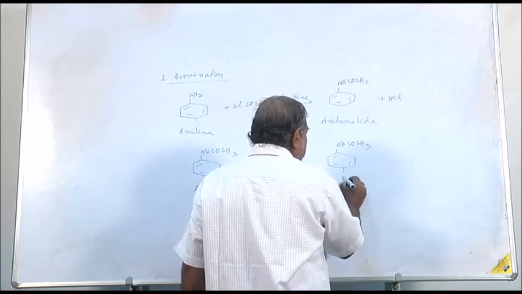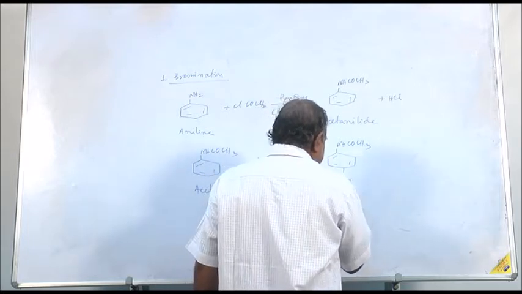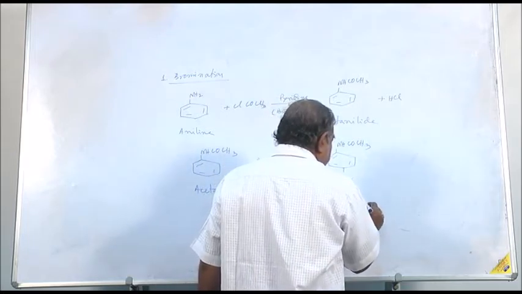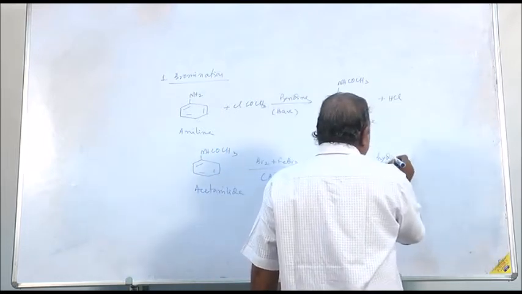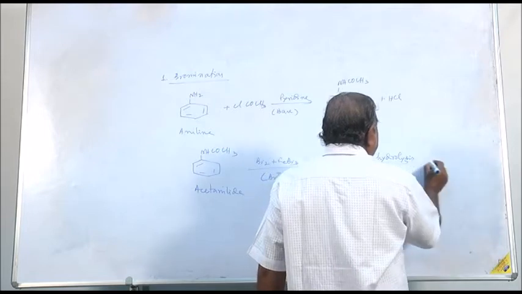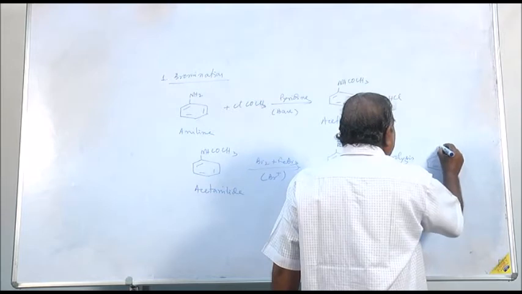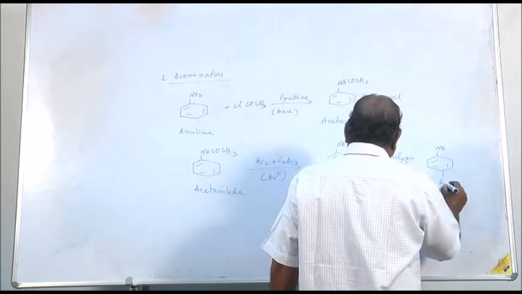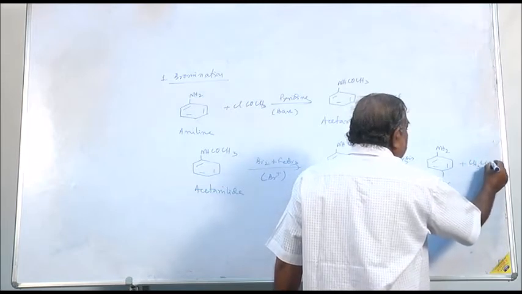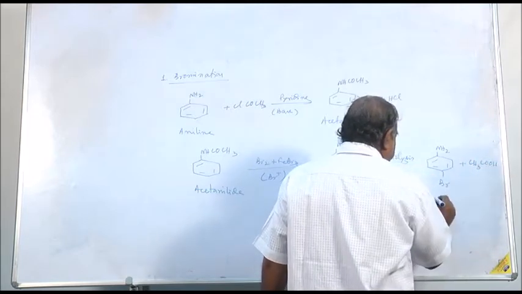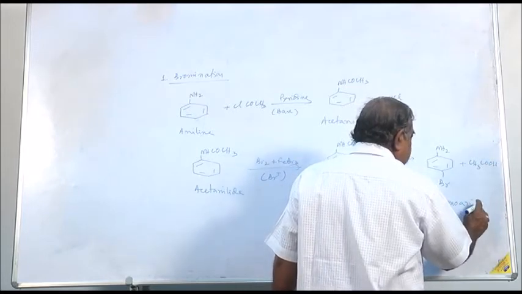You are getting para bromo acetanilide. This compound on hydrolysis will give you para bromoaniline plus acetic acid. This is your para bromoaniline. Mark the difference.